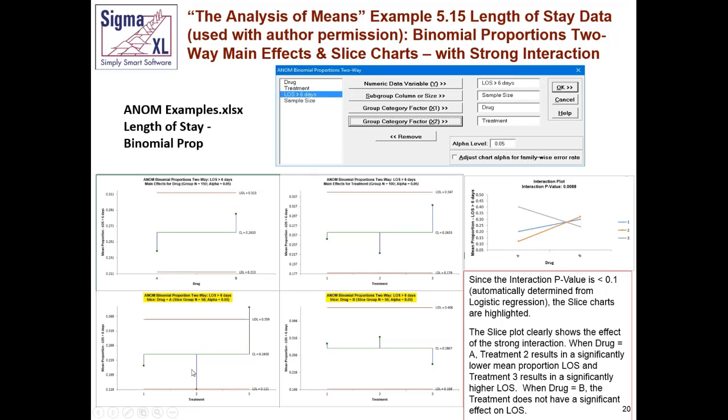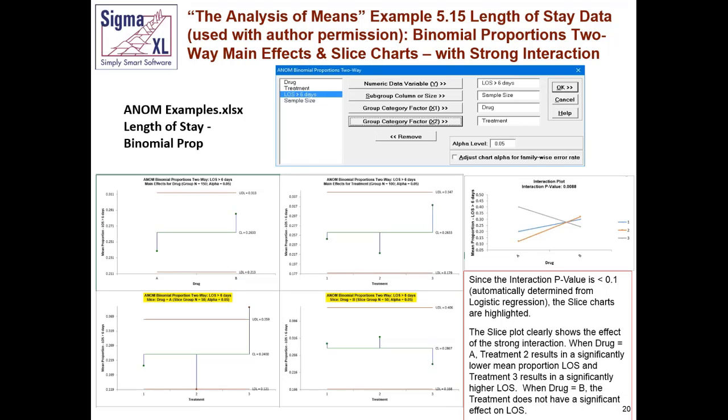And it's interesting because you see here for drug A, treatment 3 is significant, whereas for drug B, there is no significant effect. And treatment 2 is just significant at the 0.05 level when drug is A.